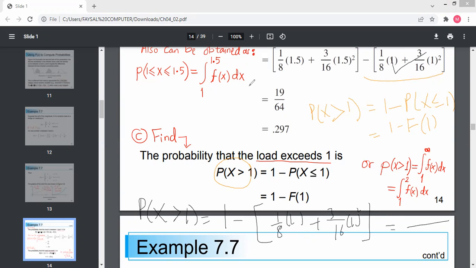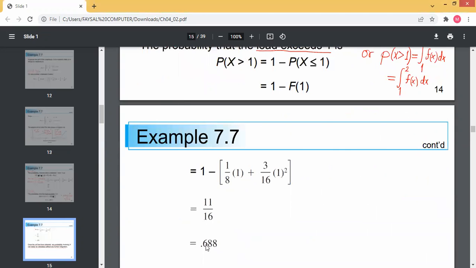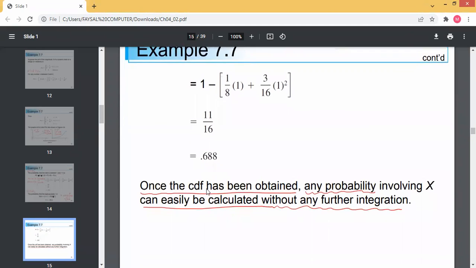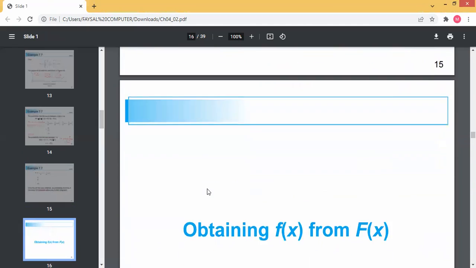After the calculation, this value is approximately 0.688, or 11 upon 16. This is the end of this numerical.